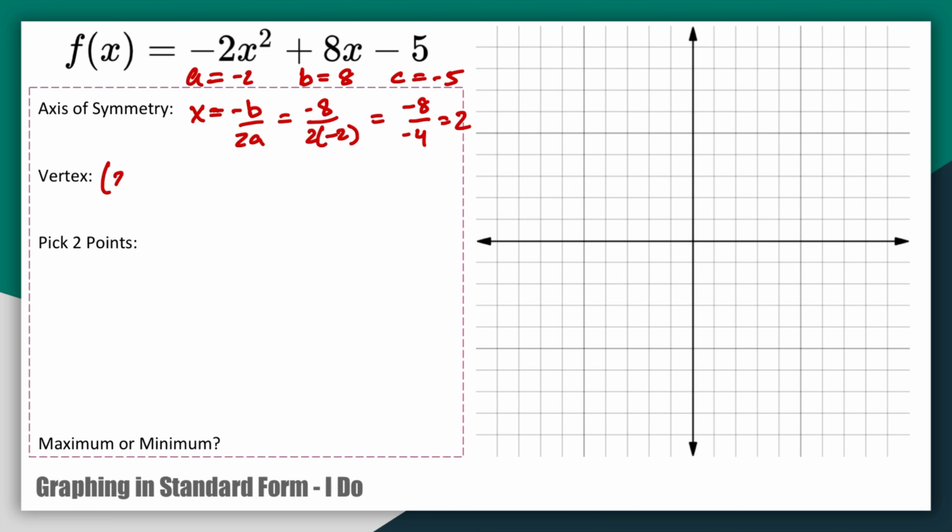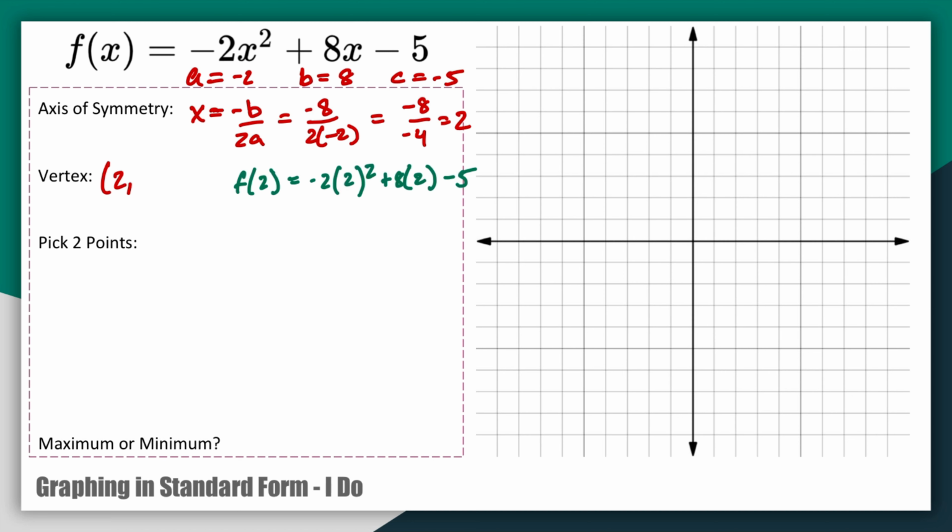So that means I have the x value for my vertex, and I can go and plug that in. So f of 2 equals negative 2 times 2 squared plus 8 times 2 minus 5. This is where I see students make the biggest mistake. They think negative 2 times 2 is negative 4, and then I'm going to do negative 4 squared.